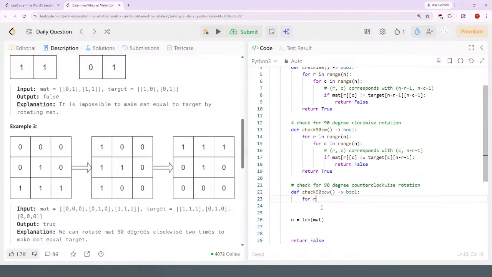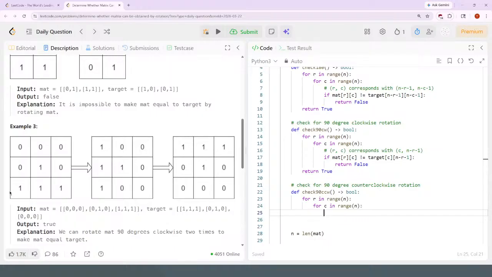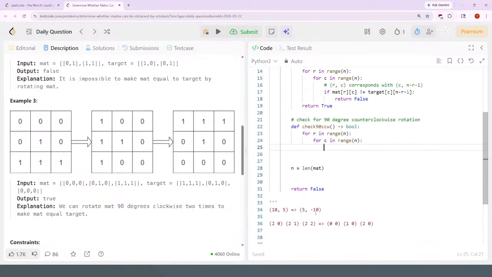Okay, so here for R in range n, counterclockwise. So this is clockwise.